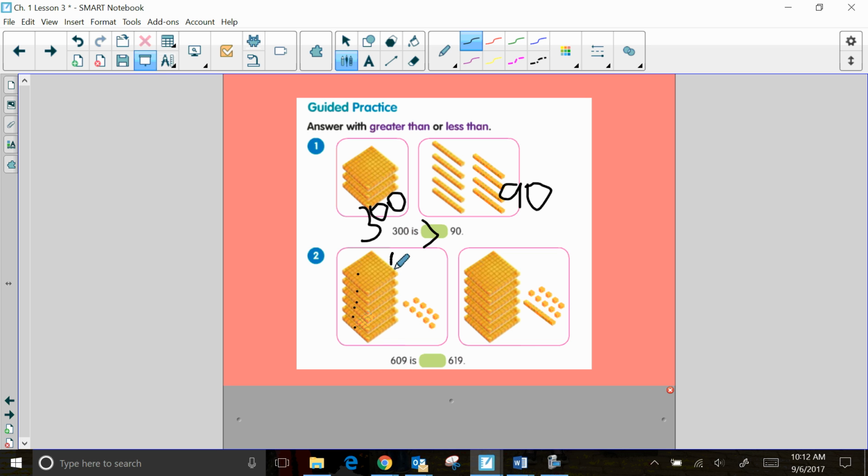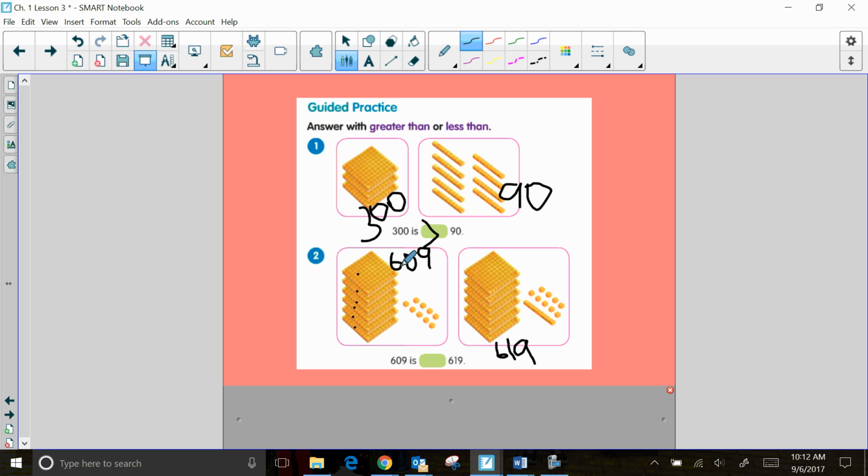So I have 6 hundreds, 0 tens, and 1, 2, 3, 4, 5, 6, 7, 8, 9 ones. And my number is written down here. Then we have 6 hundreds, 1 ten, and also 9 ones. The number is written right here.